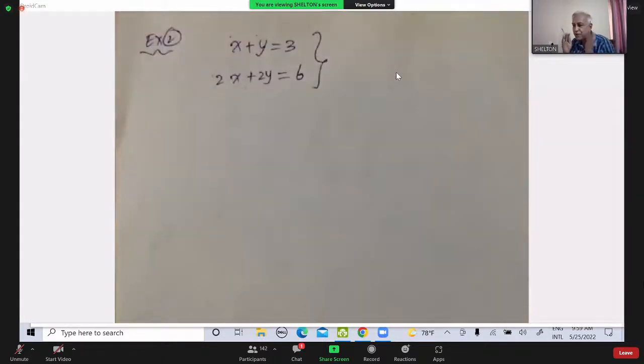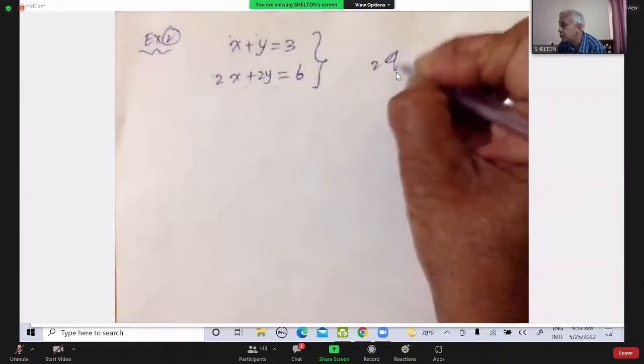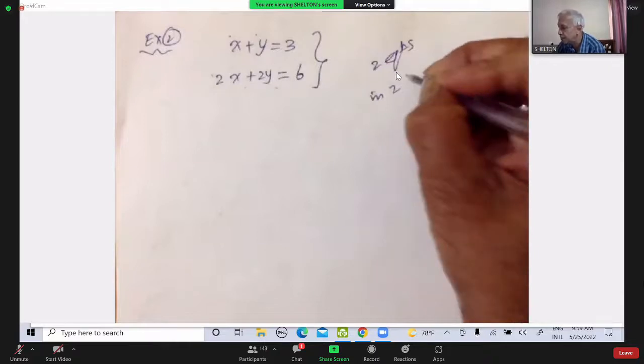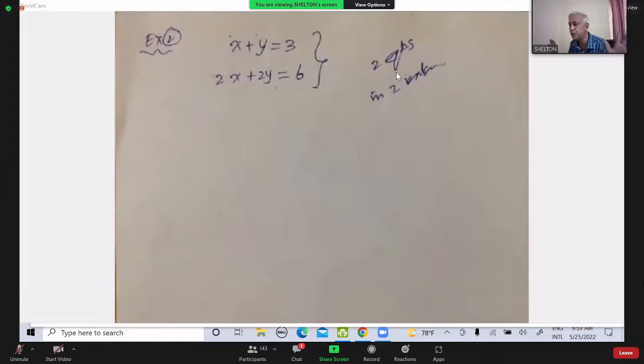Whatever it is, we have to go by our definitions. According to our definition, this is a system of 2 equations in 2 unknowns. They are the same, doesn't matter.